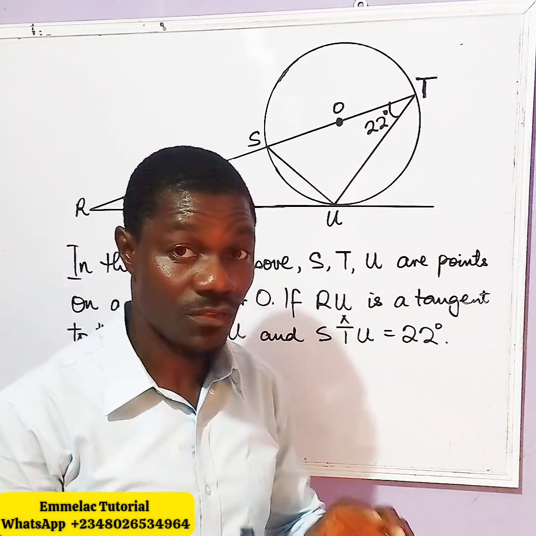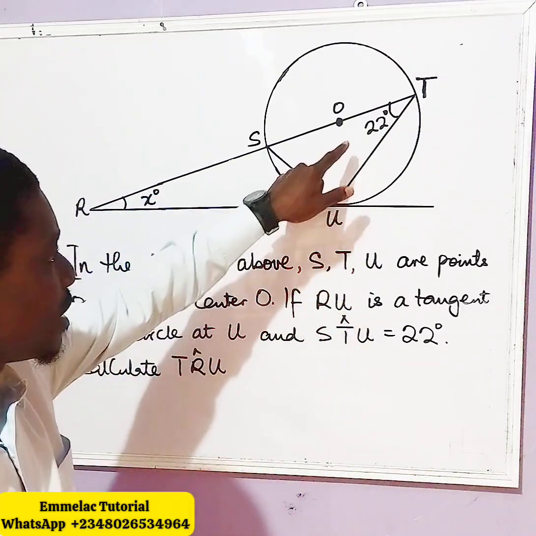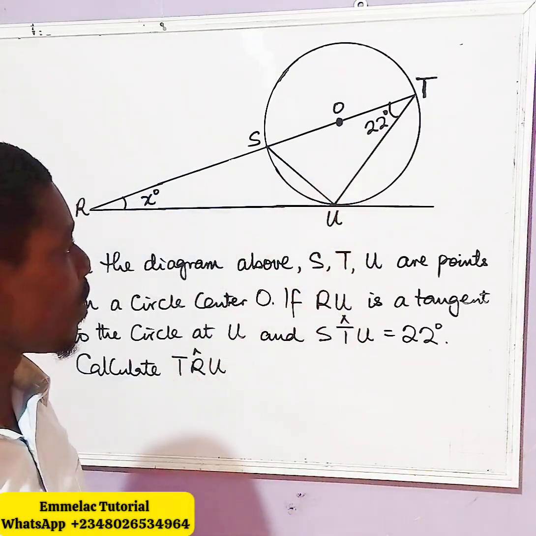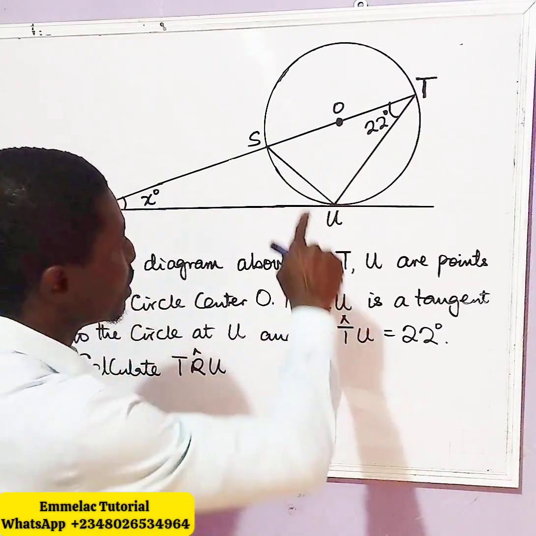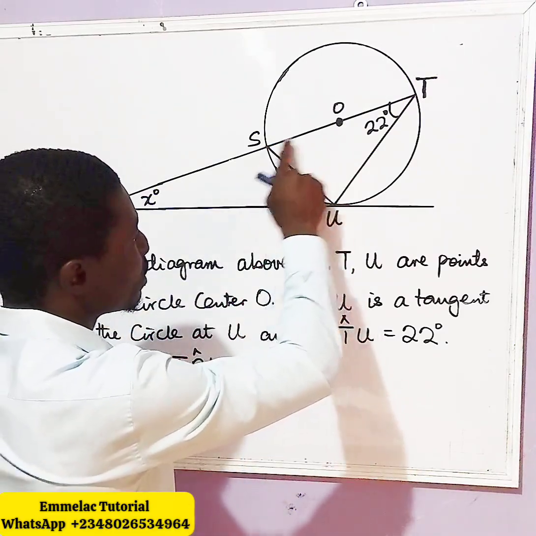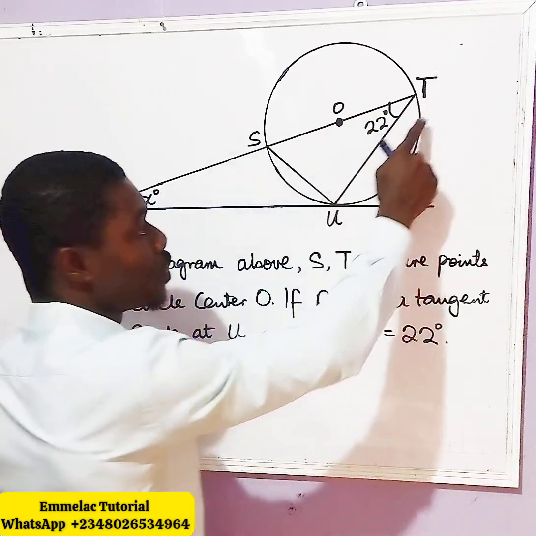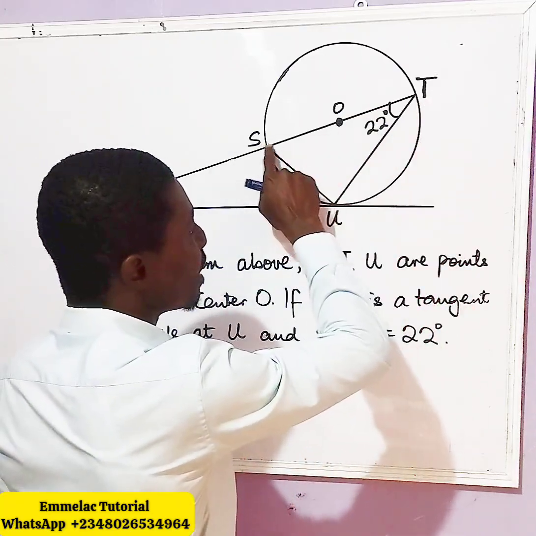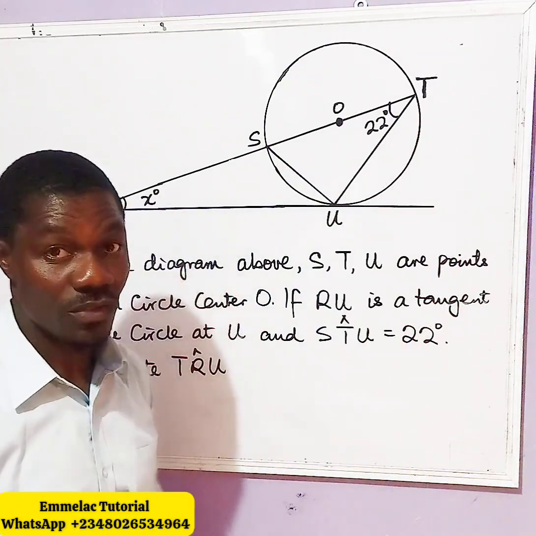First of all, let us start from the known. Now this is known. Take note, from this point to this point, which is from S to T, is a line that passes through the center of the circle.